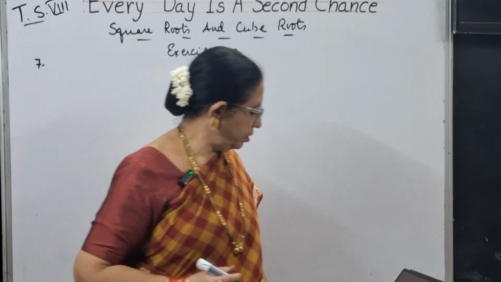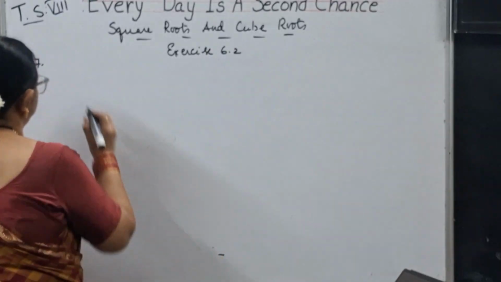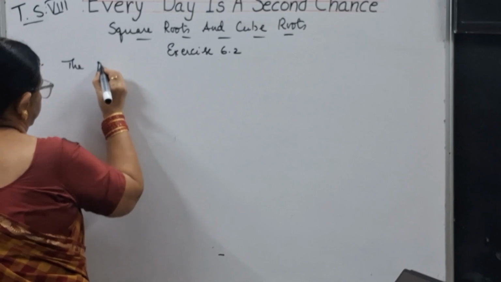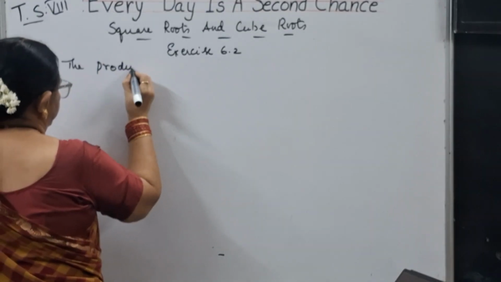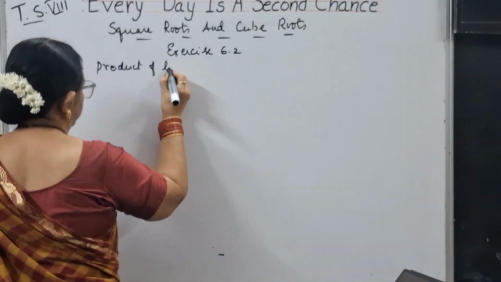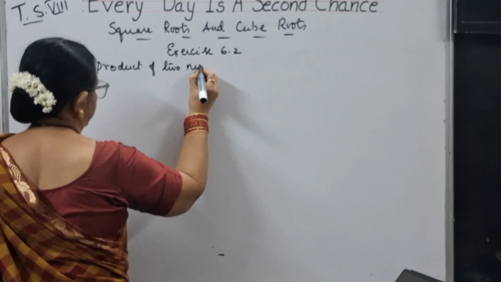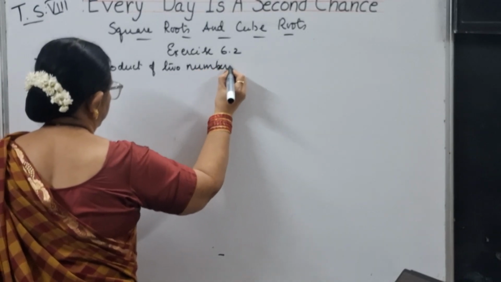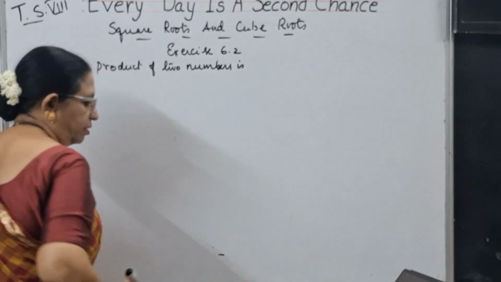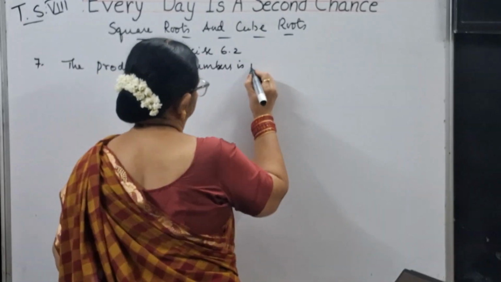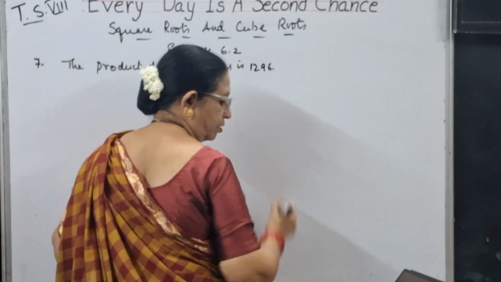Seventh problem, children. The product of two numbers is 1296.